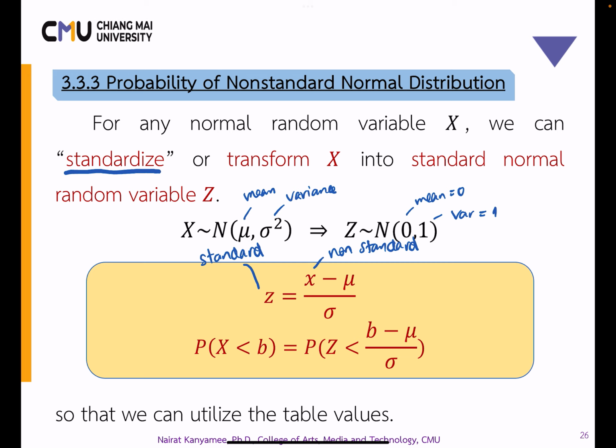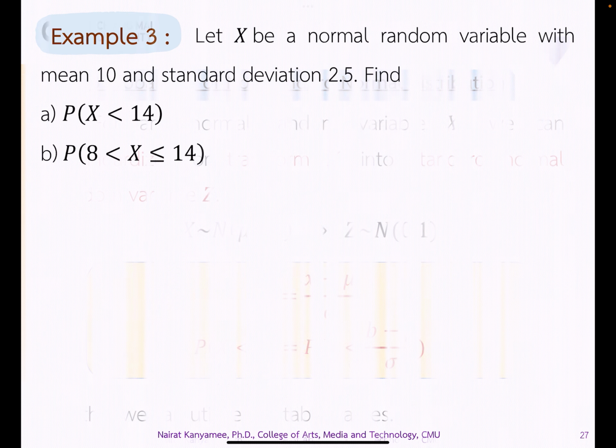Let's see an example. Example 3. Let X be a normal random variable, non-standard, with mean 10, and here they give the standard deviation sigma. Either sigma squared or sigma is fine, they just give one of those values, but you need to write down which one is which.